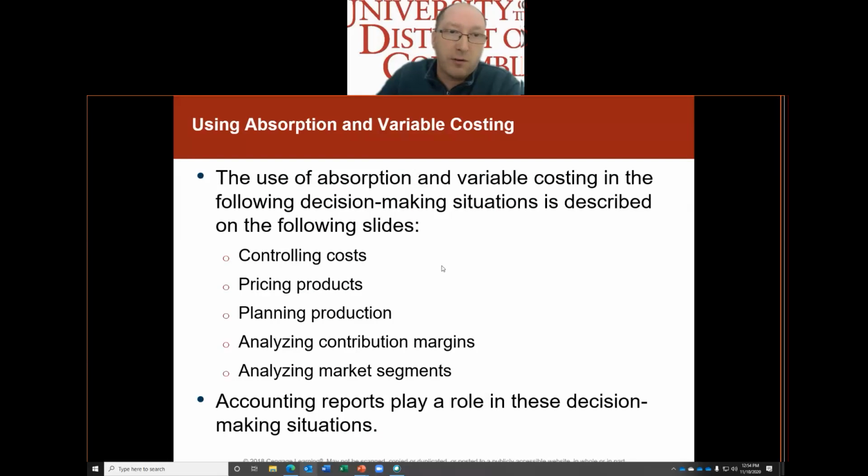So using absorption and variable costs together helps us to make better decisions. Basically, it helps us to better control our costs. It helps us to price our products more efficiently, plan for production, analyze contribution margins, and analyze the market segment.